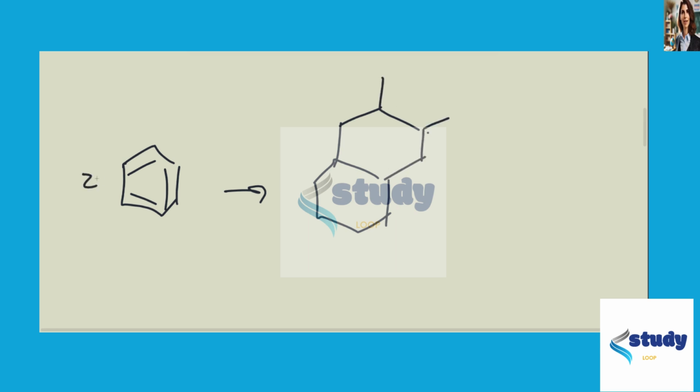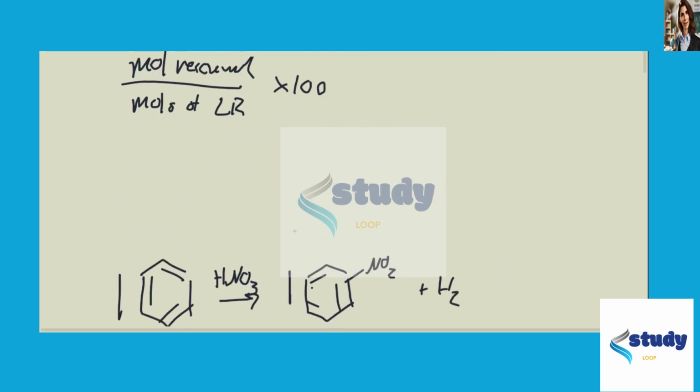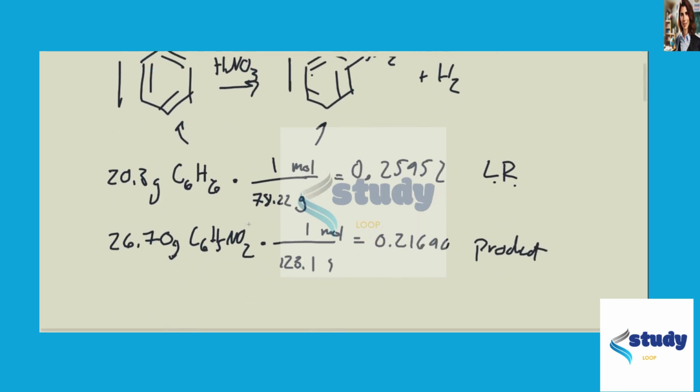Like if we had 2 of this makes 1 of this, then we've got an issue. We have to say, okay, we have to divide those moles by 2 to properly account for the fact that we need 2 moles of benzene for every 1 mole of product. But in this case, the ratio is 1 to 1. We don't have to worry about it. Okay.